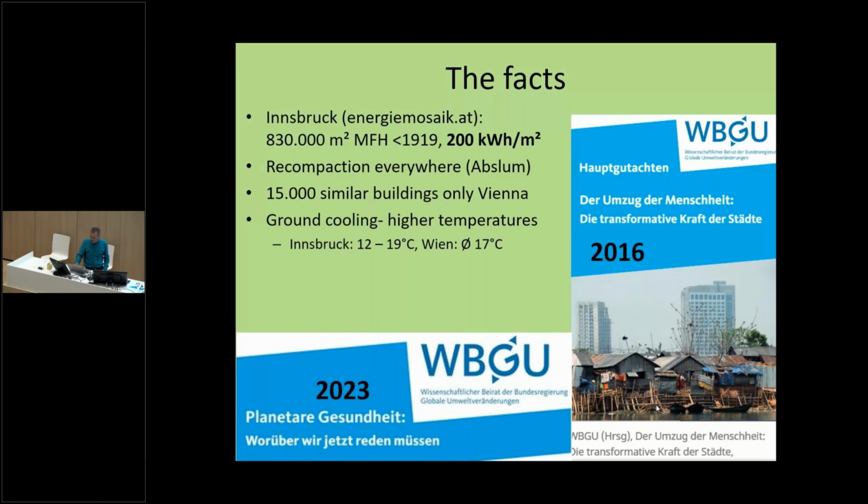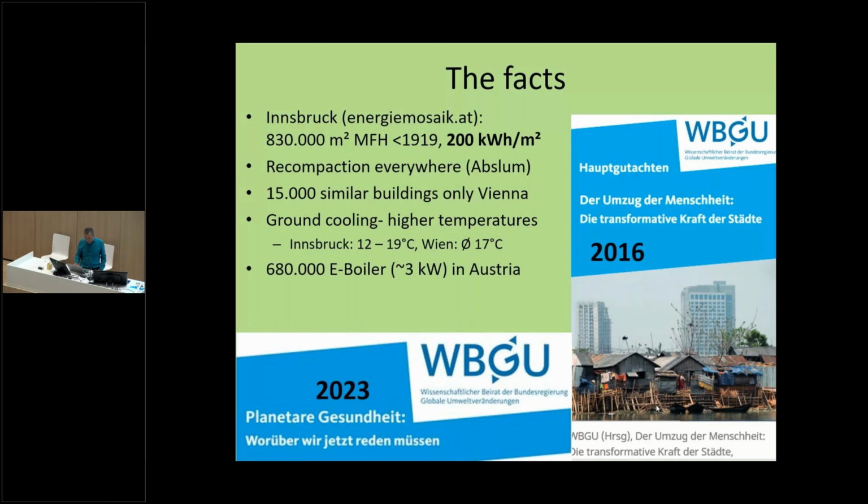In Vienna, I heard it's a mean of 17 degrees. In Innsbruck, it's between 12 and 19 degrees. 19 degrees is east of Innsbruck, where the shopping center cools all their lighting and all energy into the ground.